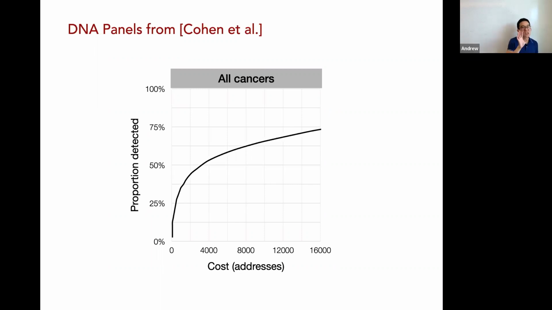Just a sanity check looking at this picture: obviously, this proportion detected curve is increasing. The more addresses that I sequence, the more tumors I am going to find. By the way, you can view that proportion detected as sensitivity. It passes basic sanity checks.